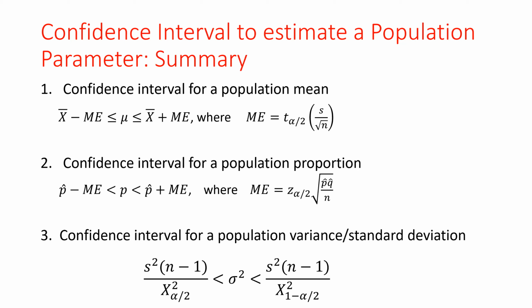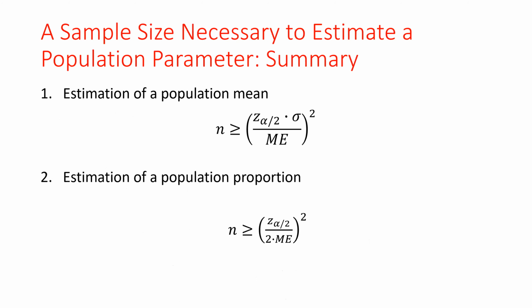In this section, we also talked about estimating the sample size necessary to estimate a population parameter. We have two formulas, one for estimation of the population mean and another one for estimation of population proportion. In both cases, you will use the standard normal distribution or Z distribution in order to find those critical values.